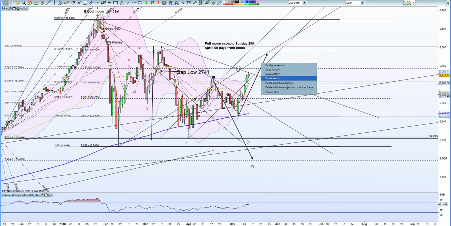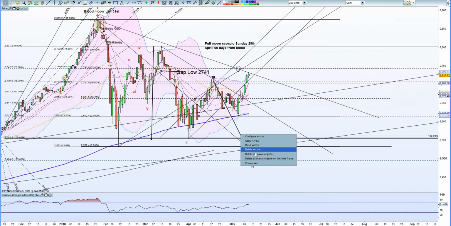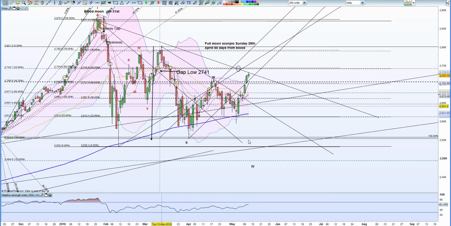Now, the general rule with the bullish Gartley pattern, in this case because it's bullish, is that the last low to high should equal the first move down from high to low.